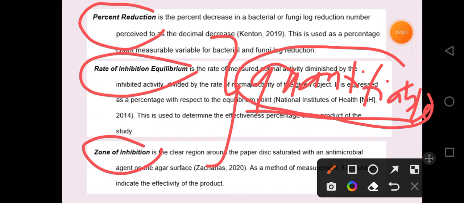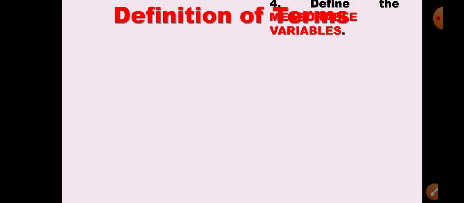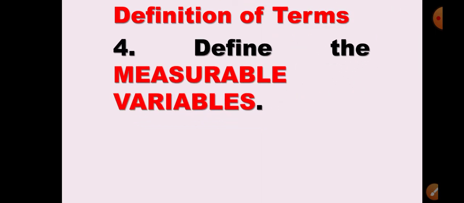Obviously, they are measurable. So in our definition of terms, we must also define our measurable variables. So we have three entries already: independent variable, dependent variable, and now the measurable variables. Those will be the first three key terms that must be defined in your definition of terms.